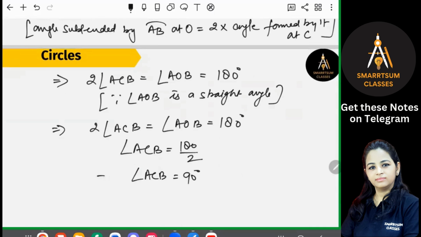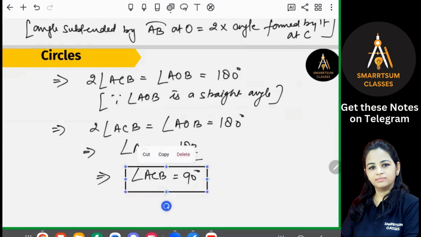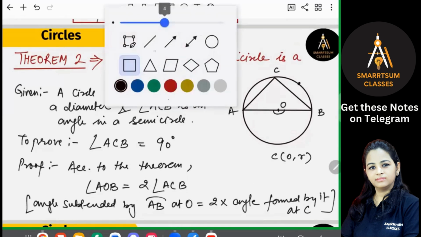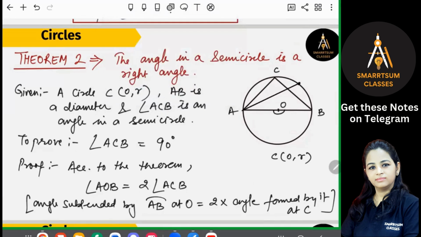So what we have done, we have proved that the angle subtended in the semicircular arc, or the semicircular portion, or in a semicircle, is always a right angle, right? So if you take any point anywhere, like suppose if you take any point here also, and you have joined these lines, this and this, right?